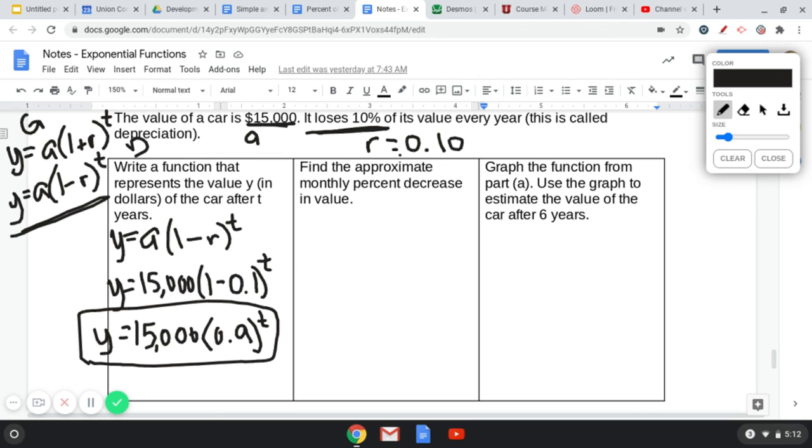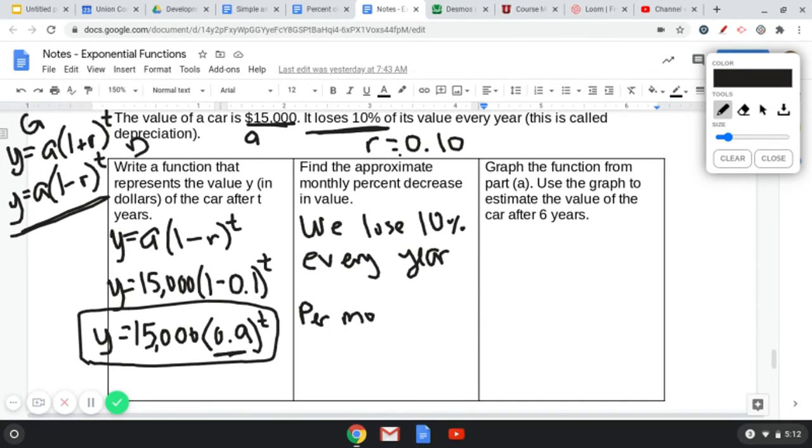Now, let's find the approximate monthly percent decrease in value. So how much does the price decrease every single month? Well, to do that, let's look at this right here. So this is 0.9, which is 90%. So what's our percent of change? Well, we lose 10% every year. So per month, we'll take 10% divided by 12 months.